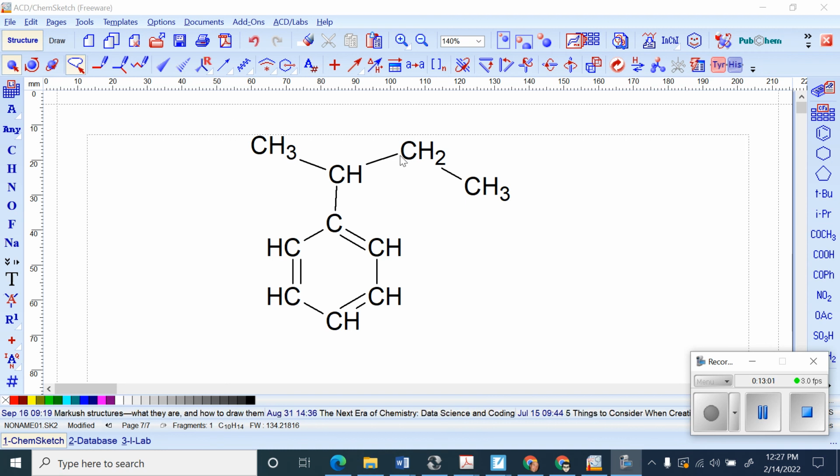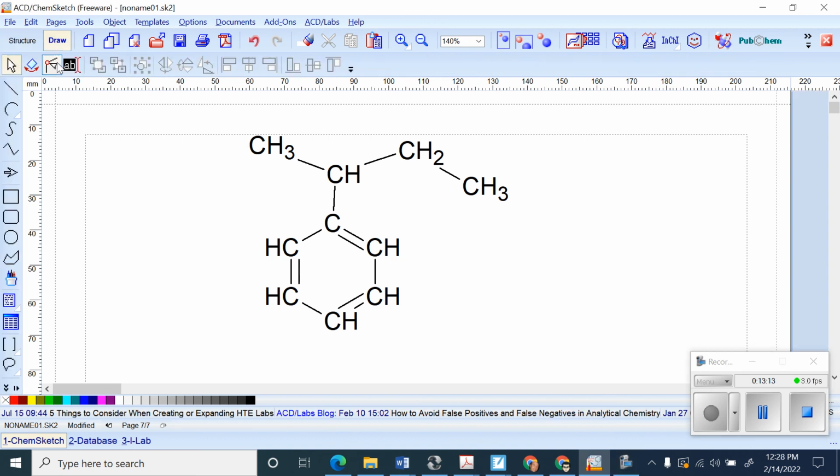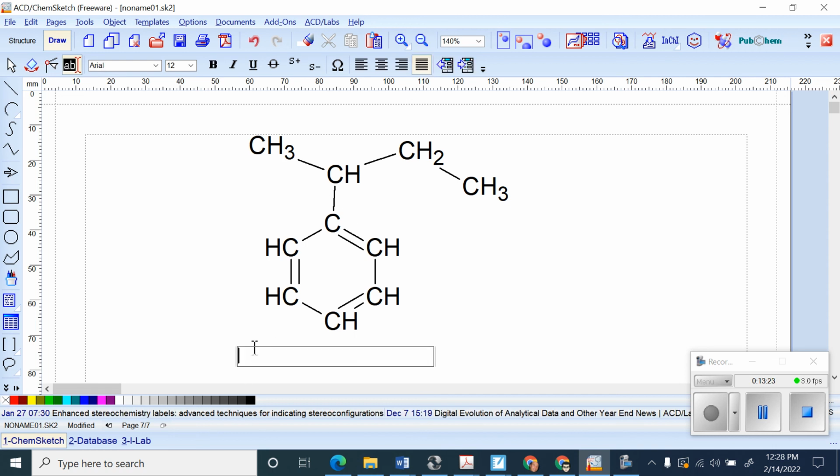This 4-carbon group is one of our special groups. So I have a benzene ring with a special butyl group off it. This butyl group is attached to the 2nd carbon, so that's secondary butyl. So that's S-butyl benzene, or secondary butyl benzene.